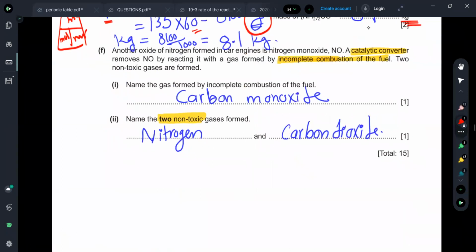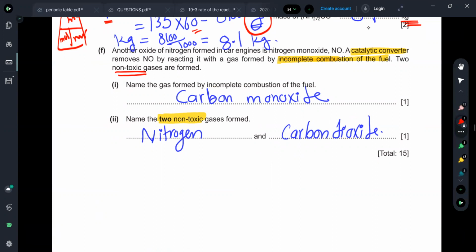Number F. Another oxide of nitrogen formed in a car engine is nitrogen monoxide. The catalytic converter removes NO, which is nitrogen monoxide, by reacting it with a gas formed by incomplete combustion of the fuel. Two non-toxic gases are formed.